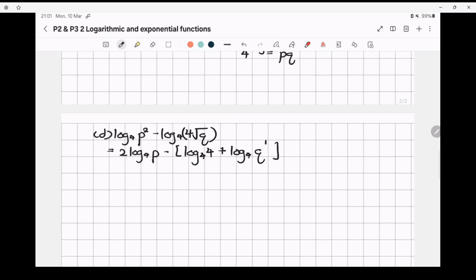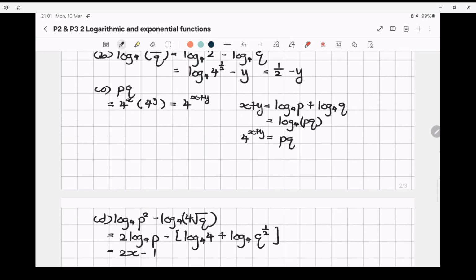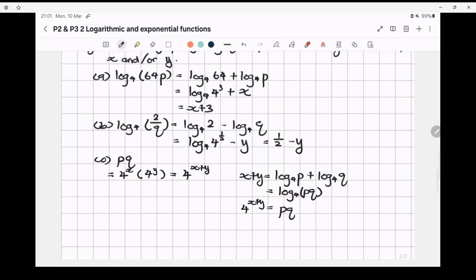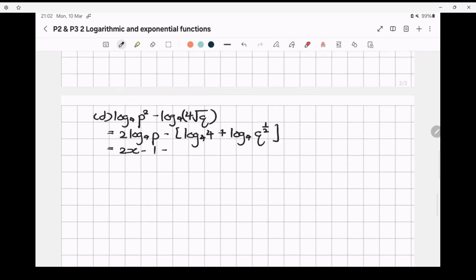So that's what I meant by you need to be careful about the minus sign. So log base 4 p is x, 2x minus, this will be 1, and then minus half y. So that will be the answer.